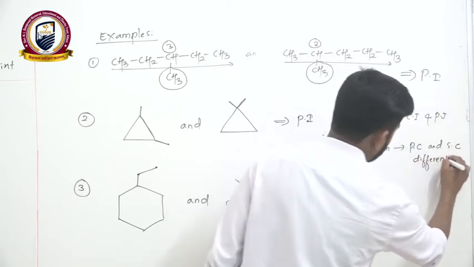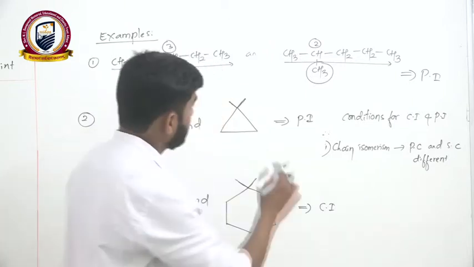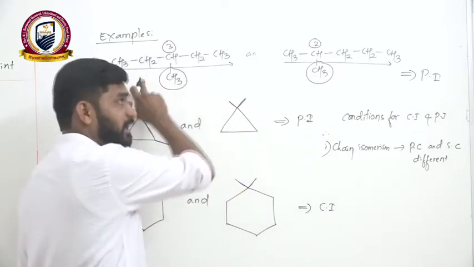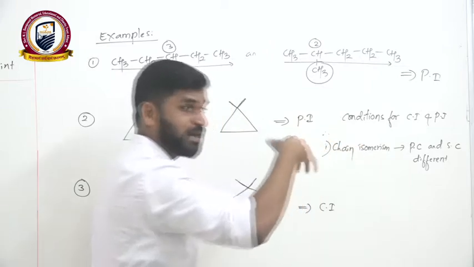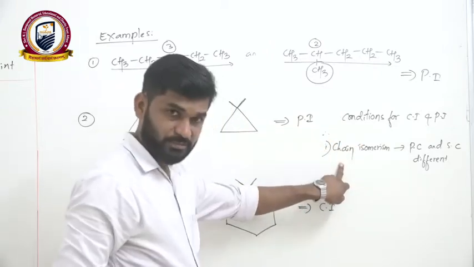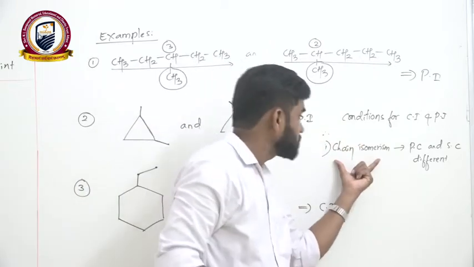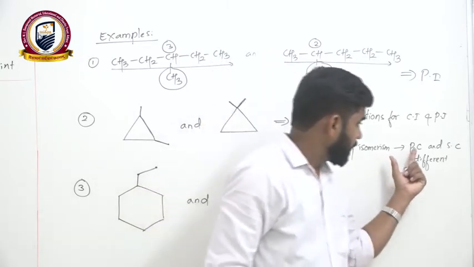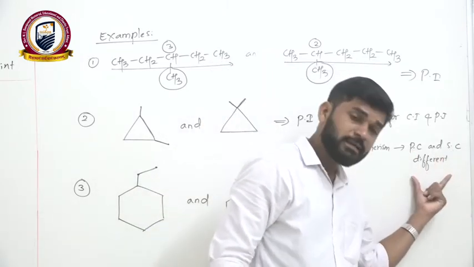Then only that will give rise to chain isomerism. If the parent chain has 3 carbon atoms and another parent chain has 4 carbon atoms, that will exhibit chain isomerism. So the condition for chain isomerism is that either parent chain or side chain should be different.